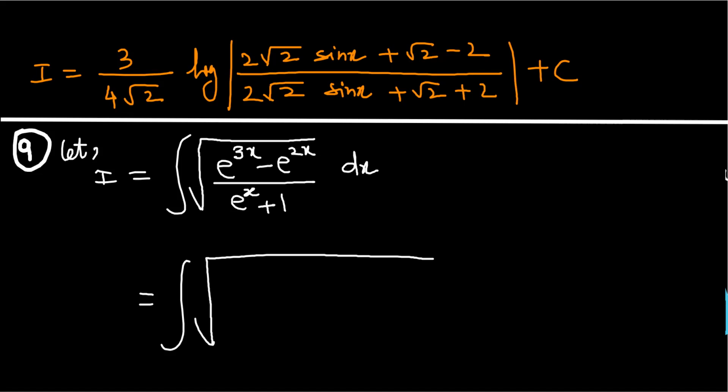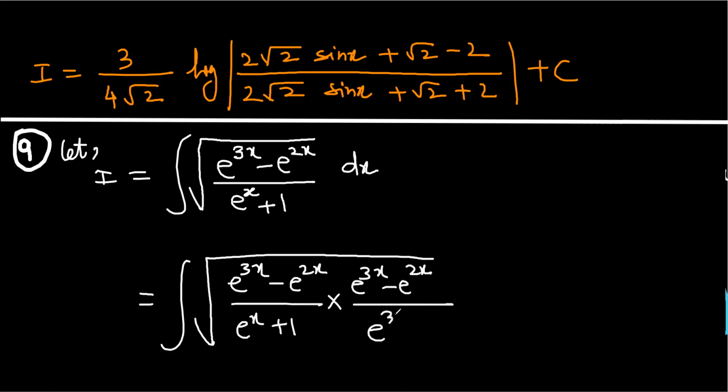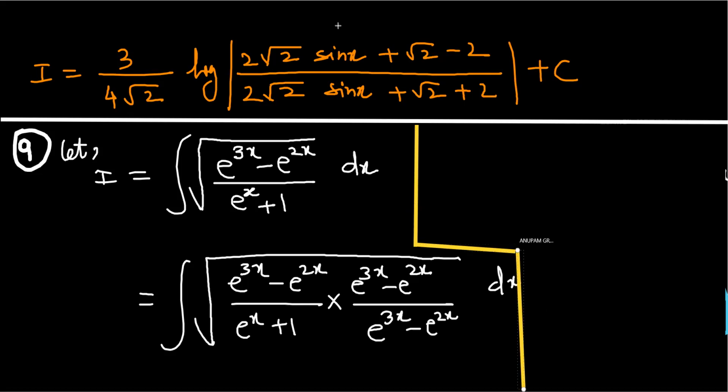For that, I'm making the numerator free from the square root. I write e raised to 3x minus e raised to 2x upon e raised to x plus 1, and once again I multiply e raised to 3x minus e raised to 2x in numerator and e raised to 3x minus e raised to 2x in denominator. When I do this, I write it here only, or else I'll have to turn the page several times.